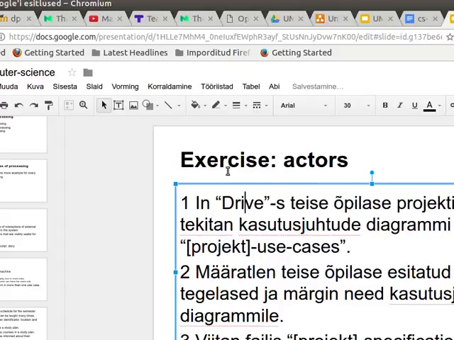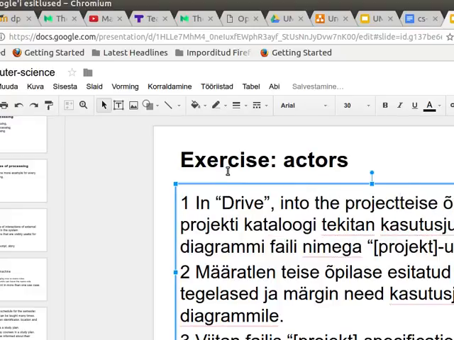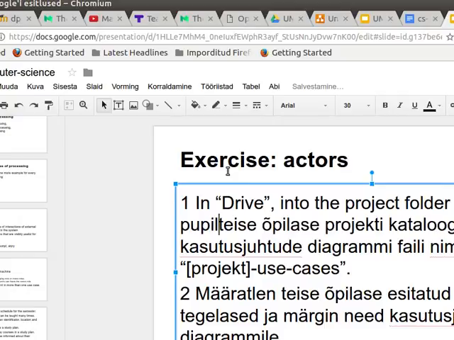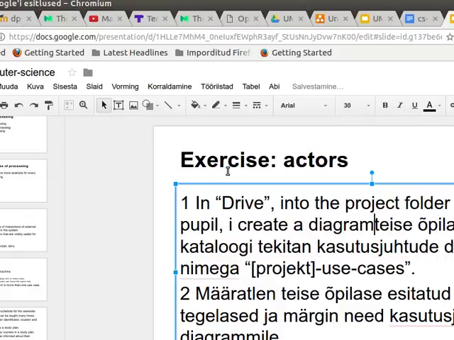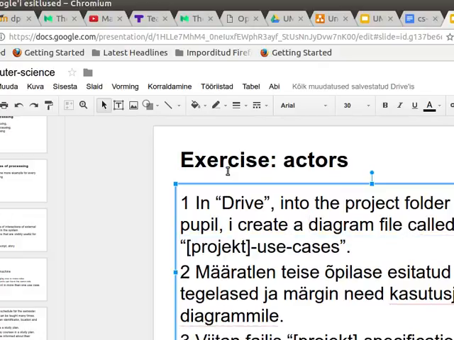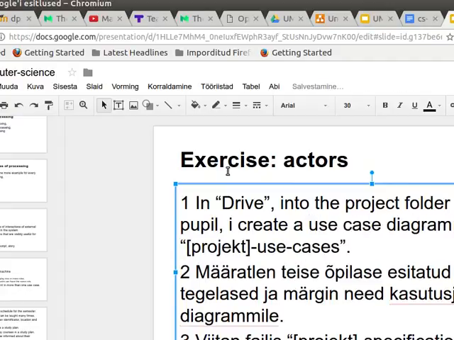So in Drive, into the project folder of other pupil, I create a diagram file called a use case diagram file called project name and use cases.